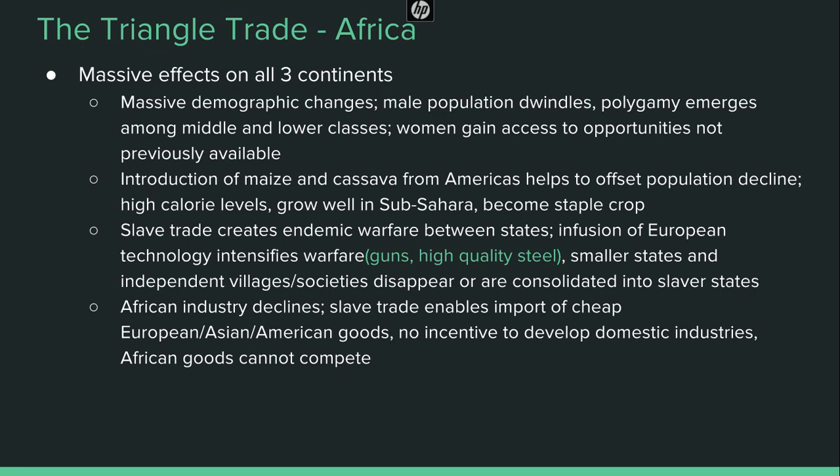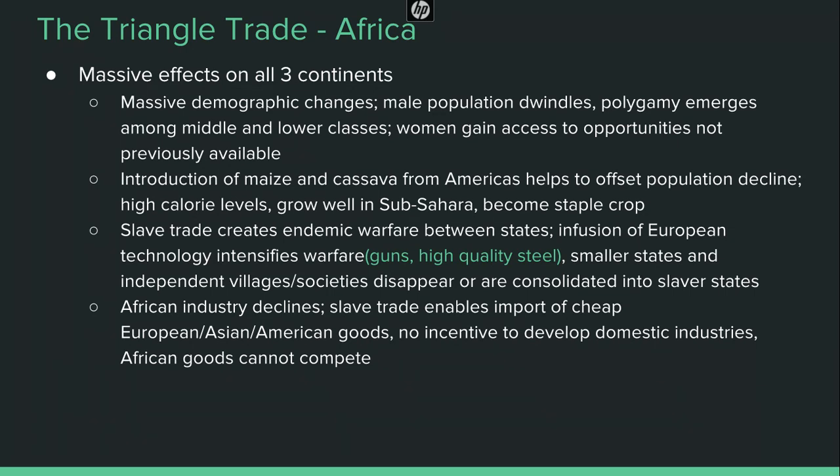However, the slave trade does create pretty constant warfare between African kingdoms and African tribes. And that warfare becomes more brutal with the infusion of European technology, things like guns and high quality steel.